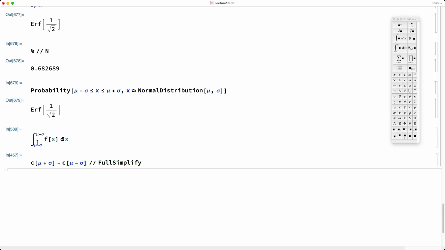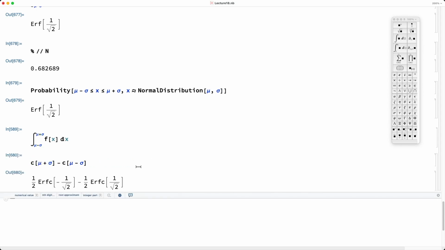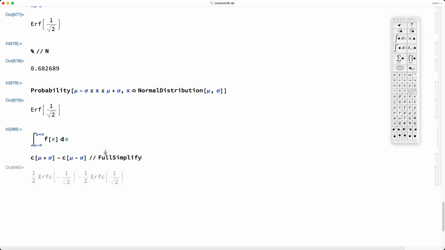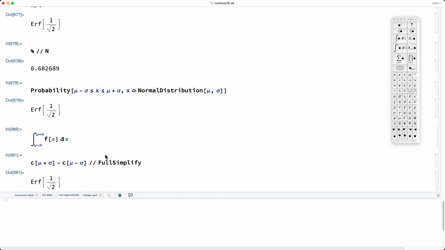So this definite integral is simply the difference of the CDF between this point and this point. If we do that, we get this result, and the minus can come outside. We can simplify this result, and then we get the same result as before.